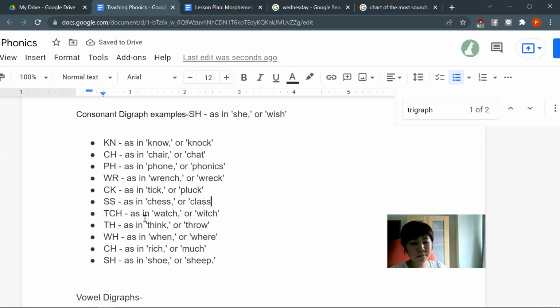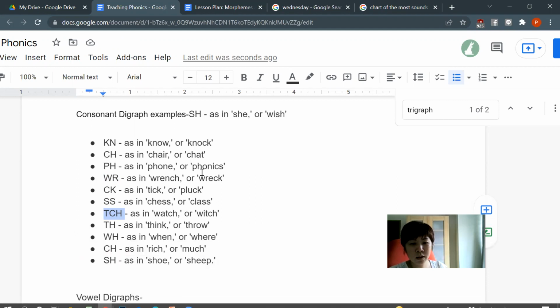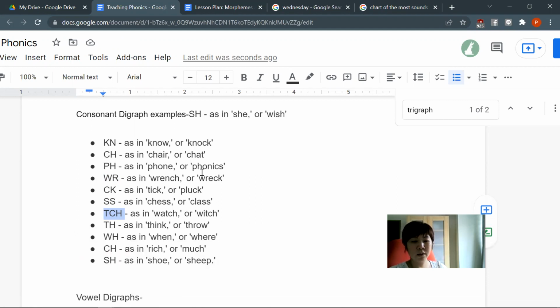So the double S enforces the idea that there isn't an E there. But some of these don't have a point. Some of these just come from old language. Okay. So ch, rich.